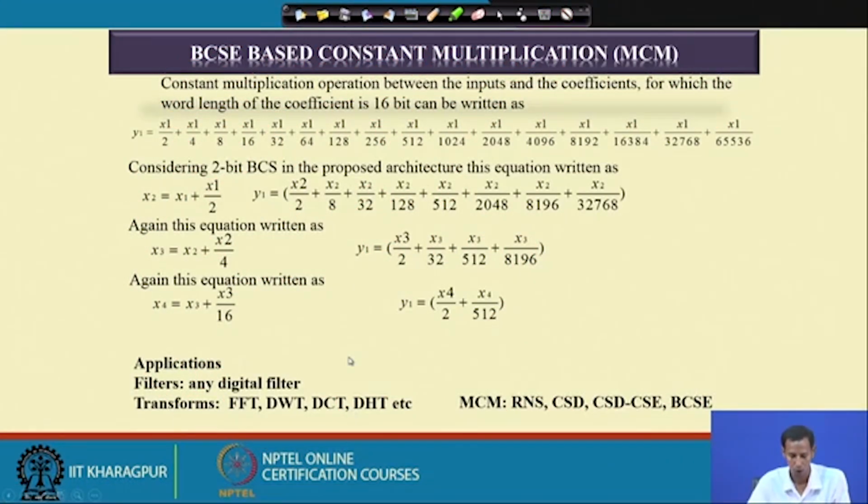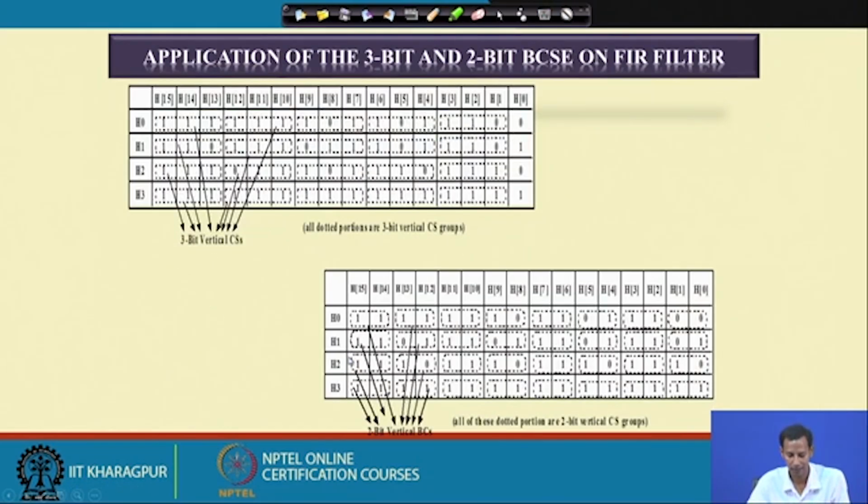Okay. So, here you see this is the 2 dimensional factor. So, here if I consider these 4 coefficients, suppose, and the length of the coefficient is 16 bit. So, 3 bit will be applied like this, as you see. So, H 15, H 14, H 13, this will be applied something like this.